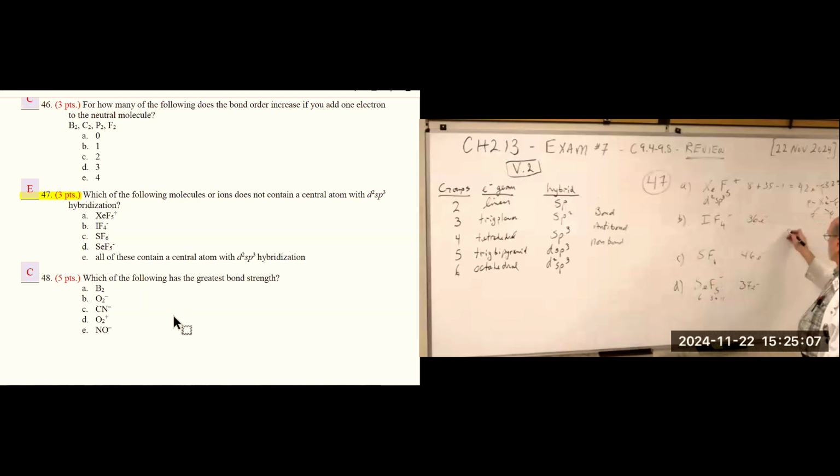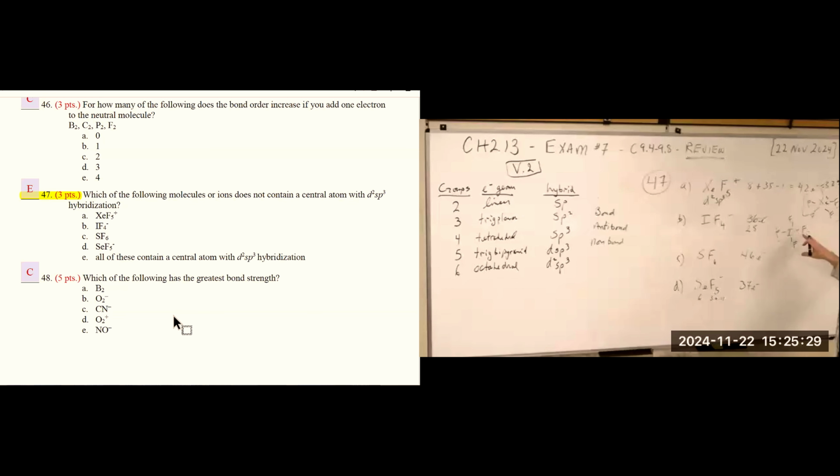All right, you have iodine with 4 fluorines. Actually, to be kosher, that should be a plus right there. So this is 2, 4, 6, 8 would be 28 left over.